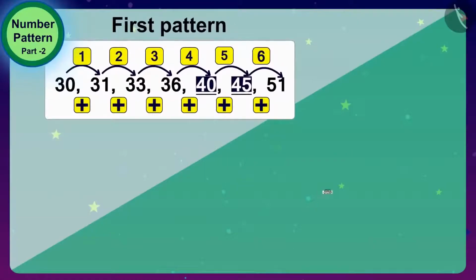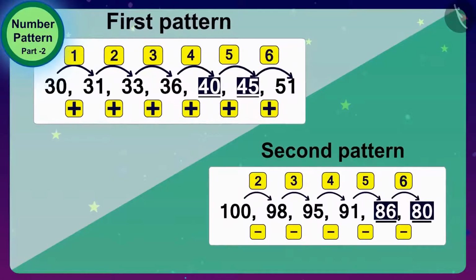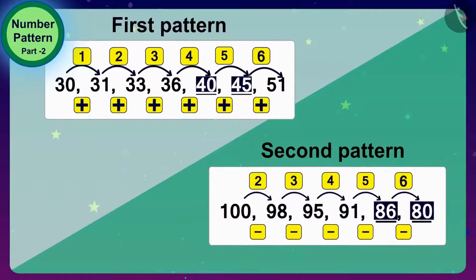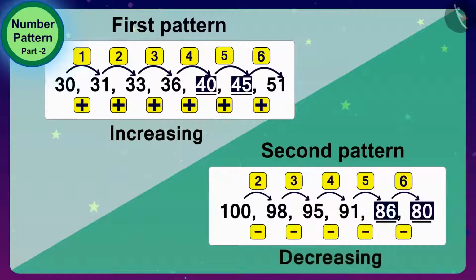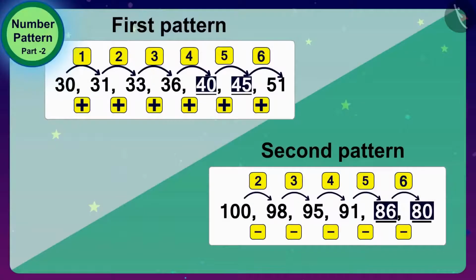Children, if you look at the first and second pattern asked by the angel, you will find that the numbers in the first number pattern are increasing and the numbers in the second number pattern are decreasing. And kids, do you know another interesting thing?